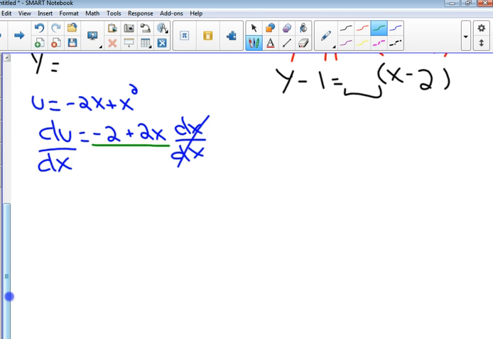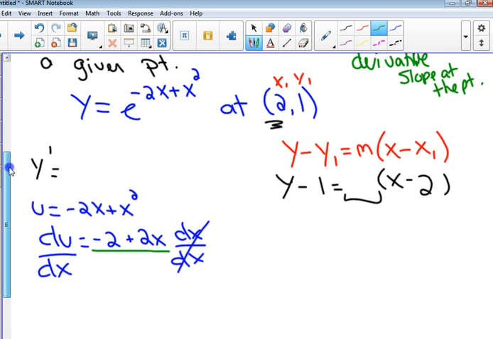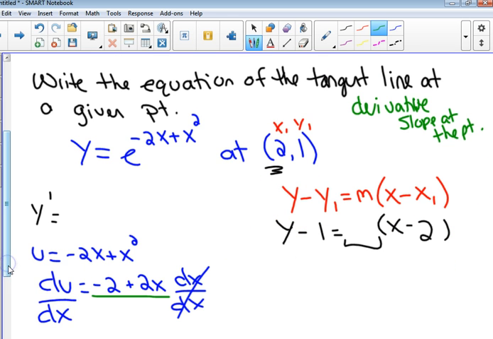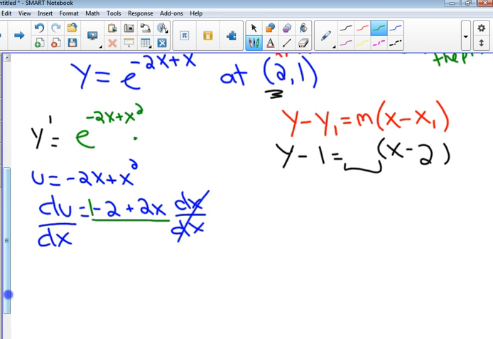So when we go to figure out what the derivative of this actually is, we're going to use our property that e to the u, we're just going to write that out, e to the u, my u is just the top part, times the du over dx, which was this section. So times negative 2 plus 2x.